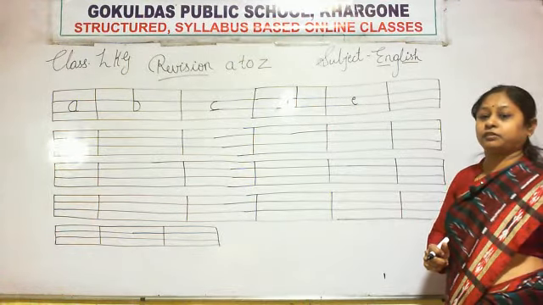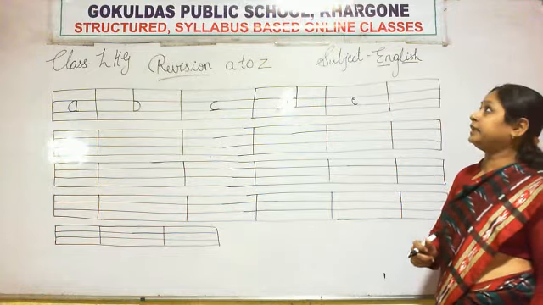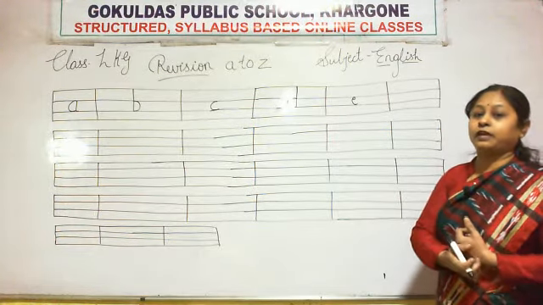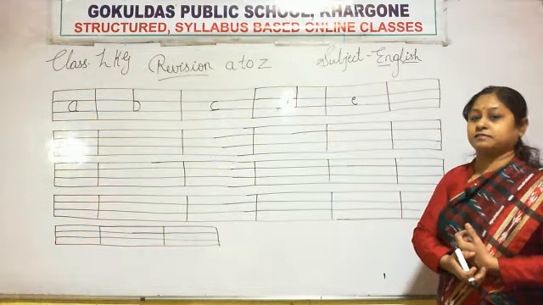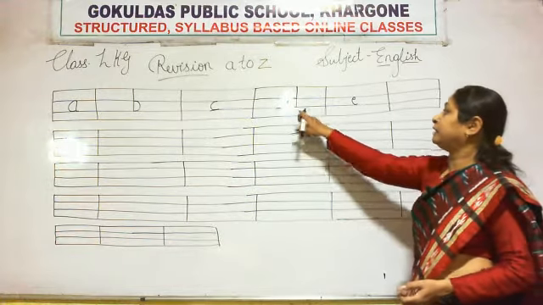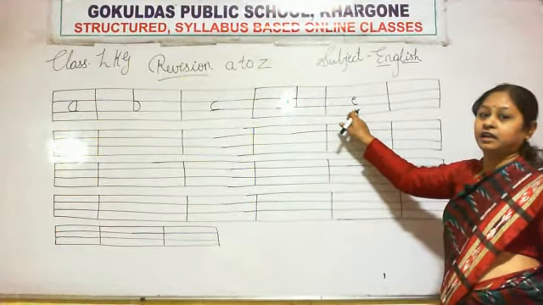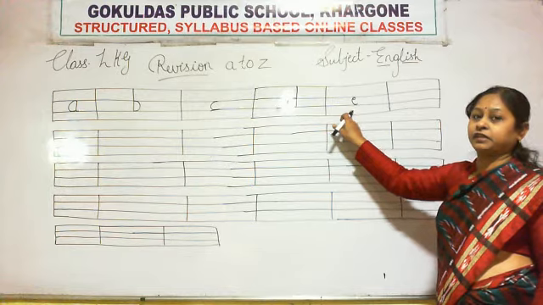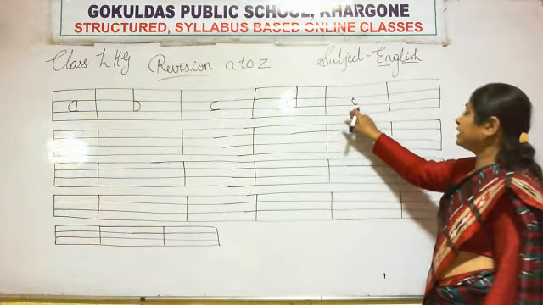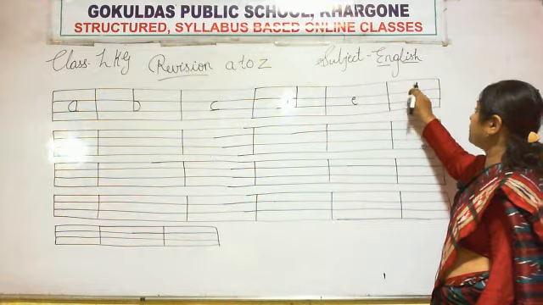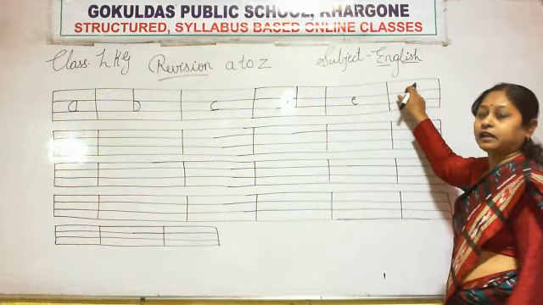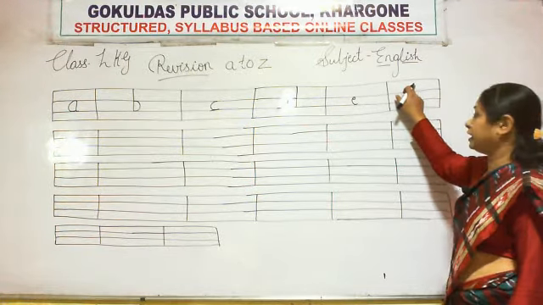Done in your notebook? Yes, write neatly. Don't write out of the lines. Okay. After E, which letter will come? F. F, you will start from the upper line.